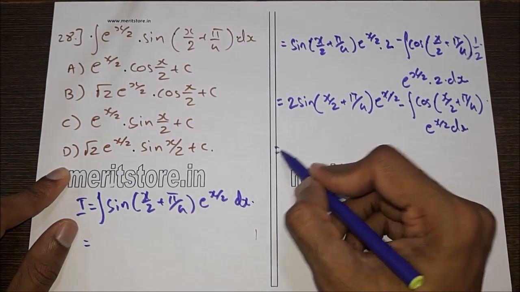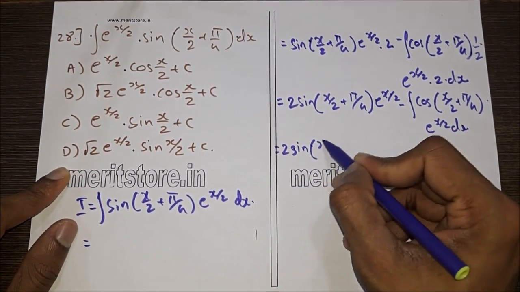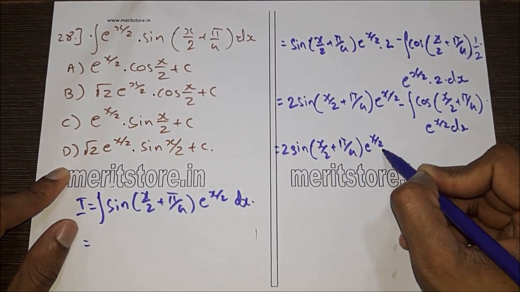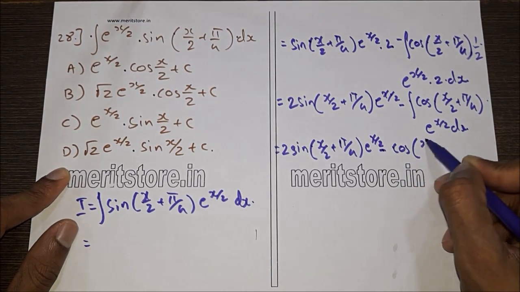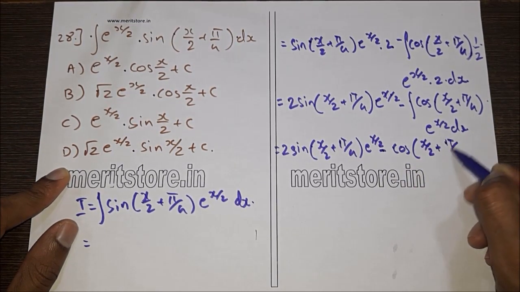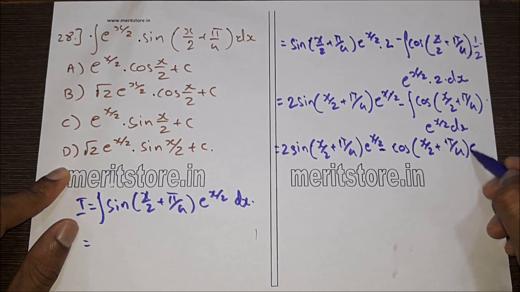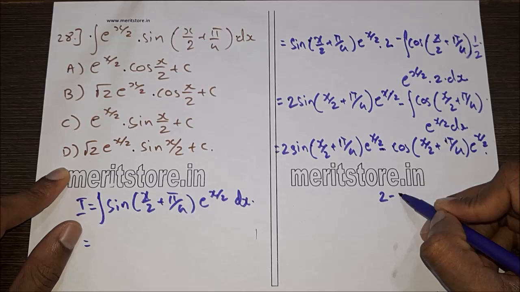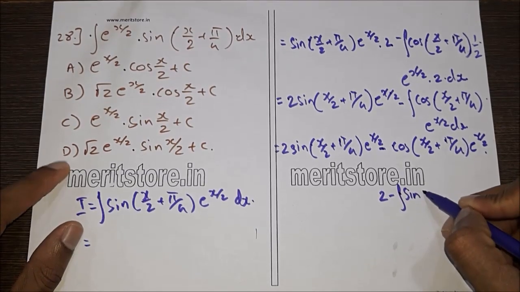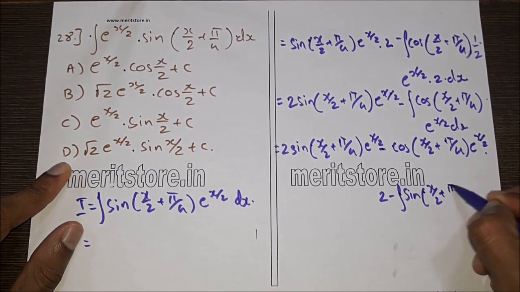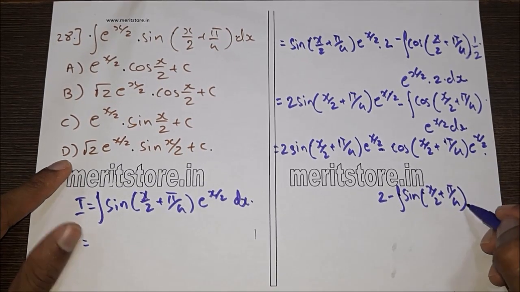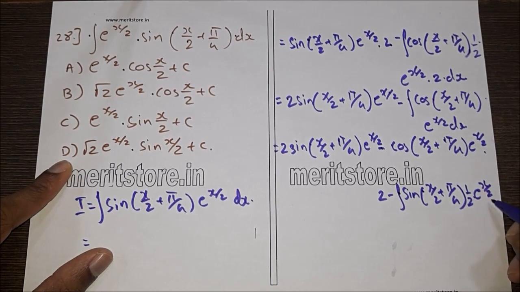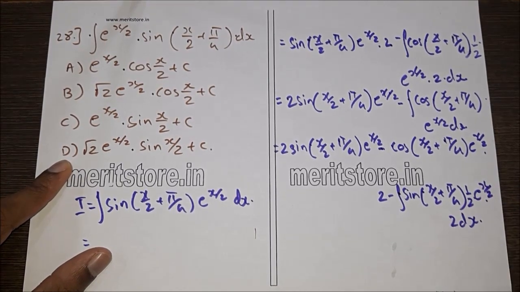Further, we can write this as 2 sin(x/2 + pi/4) e raised to x by 2, minus cos(x/2 + pi/4) e raised to x by 2 into 2, minus the integral of sin(x/2 + pi/4) into half into e raised to x by 2 into 2 dx.